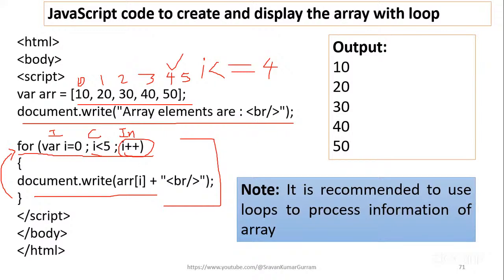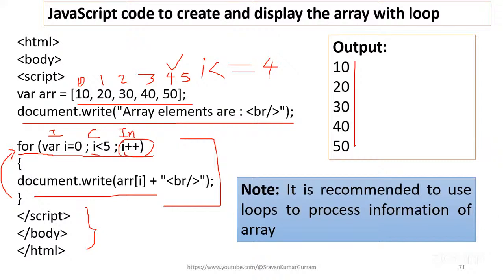The condition we have is i less than 5, where the i value is 5. 5 less than 5 is obviously false. So whenever the condition becomes false, it comes out of the loop. There are no more statements in the looping concept, so the script, body, and HTML closing tags follow. The program will be terminated here and you will get the output like this.